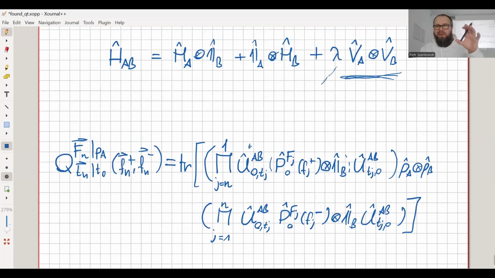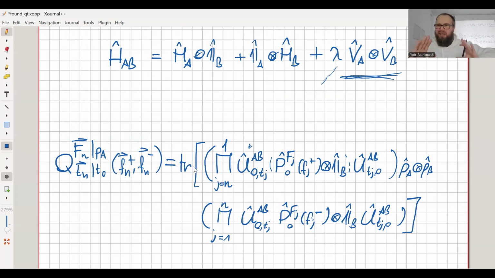If there was no interaction here, right? The U_AB would factorize again, and then we could execute a partial trace over B and get rid of everything about B, right?